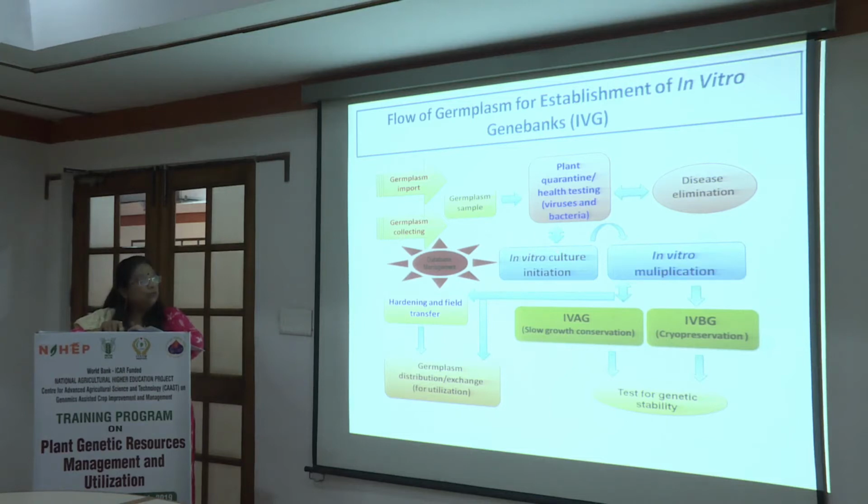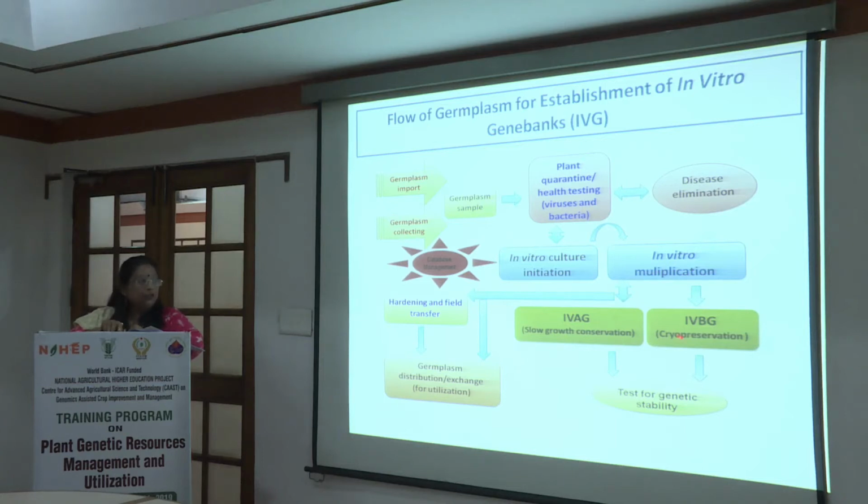But once we acquire disease free material, we start the tissue cultures and then we multiply it rapidly, and then we store it in what is known as the in vitro active gene bank and the in vitro base gene bank. The in vitro active gene bank comprises methods for conservation of tissue cultures using slow growth techniques, and I will detail those.